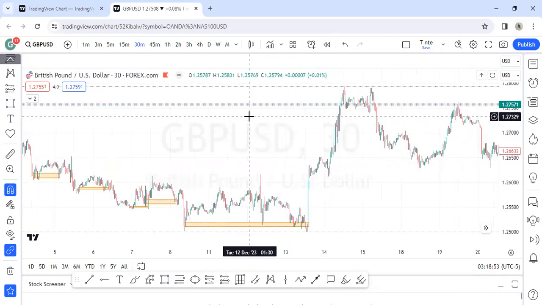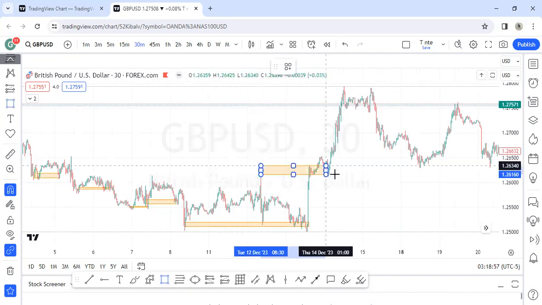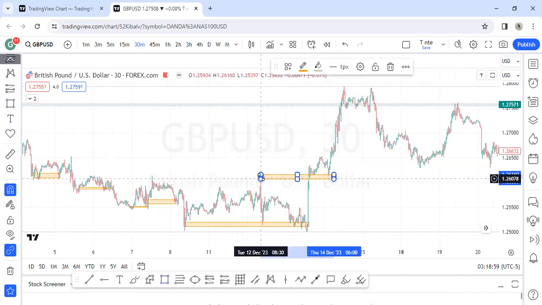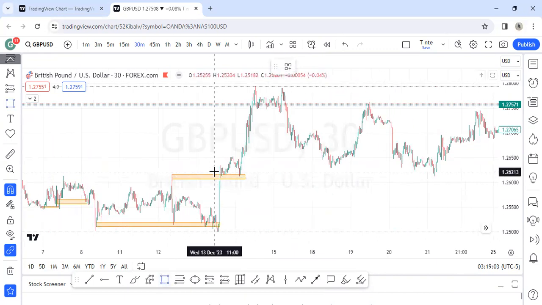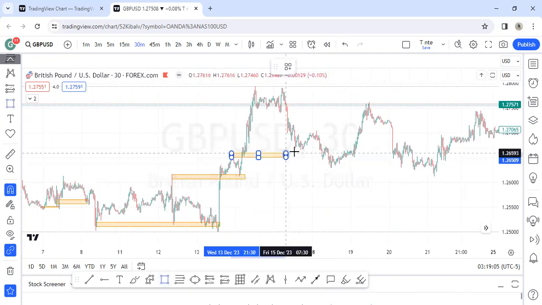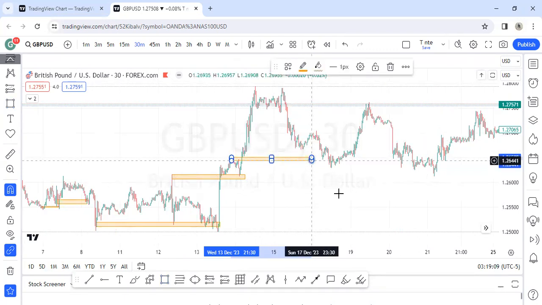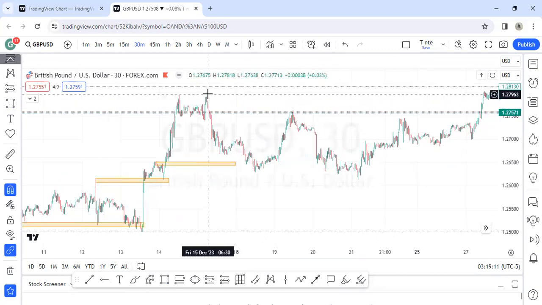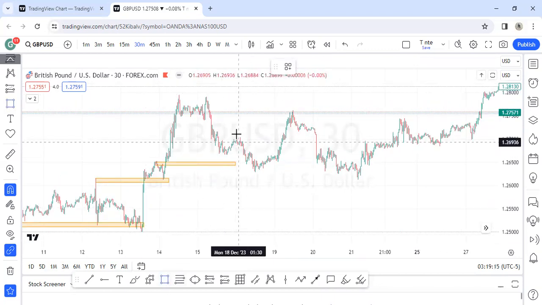So now you say, okay, double top. You draw a double top here, what happened? Loss. You try another double top here. What happened? Loss. You try another double top here. See this one.